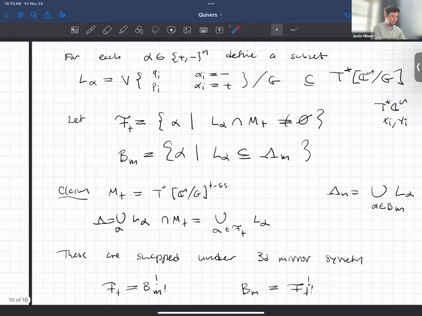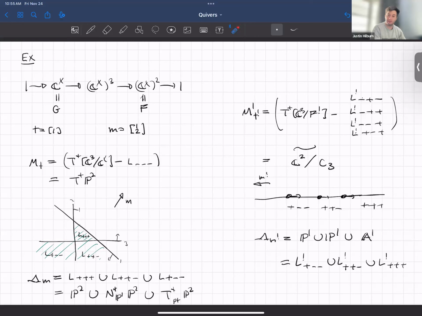And I've just given you some combinatorics for describing the attracting set and the feasible set. So these 3 chambers here are in both. And I've just noticed for you that when you have Gale dual hypertoric varieties, the feasible bounded set, the ones that are in the GIT quotient and in the attracting set, are matched under the mirror symmetry.